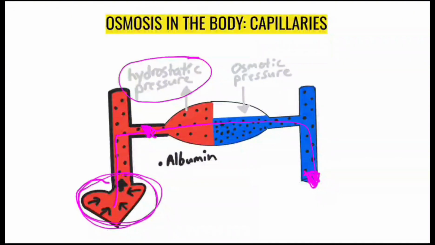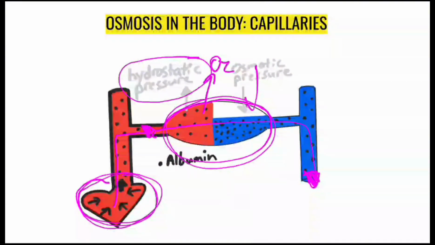Now, when we reach these really small blood vessels called capillaries, where the job is to exchange things like pushing oxygen out and maybe pulling some CO2 back in as waste products, the force that pushes the fluid out is that blood pressure. It's called hydrostatic pressure.